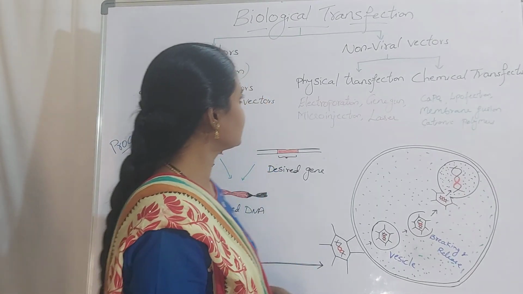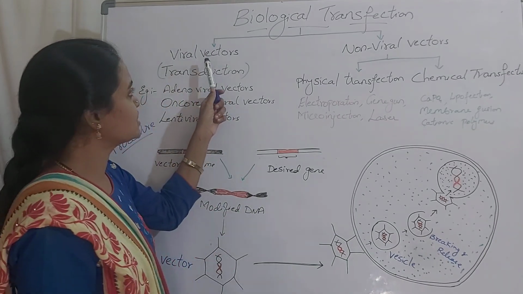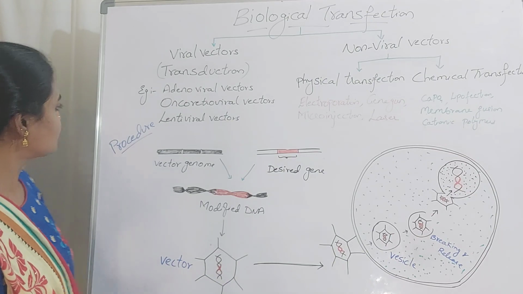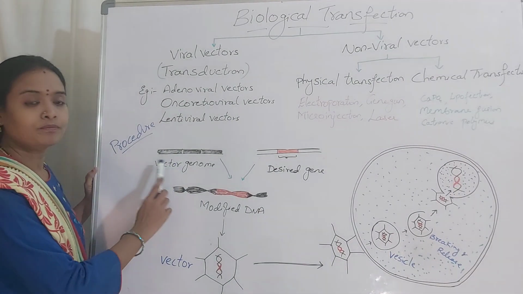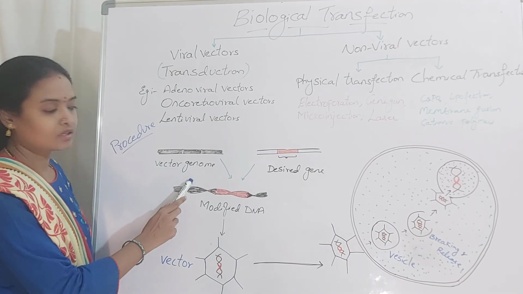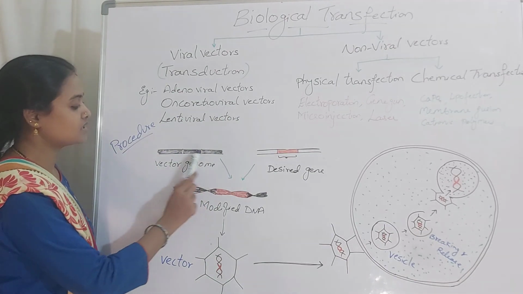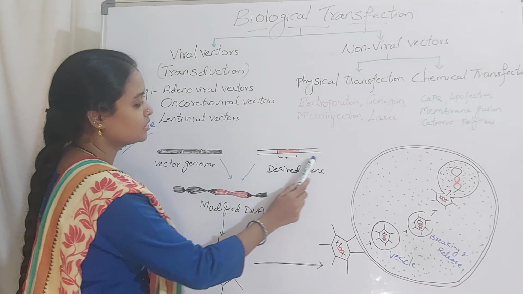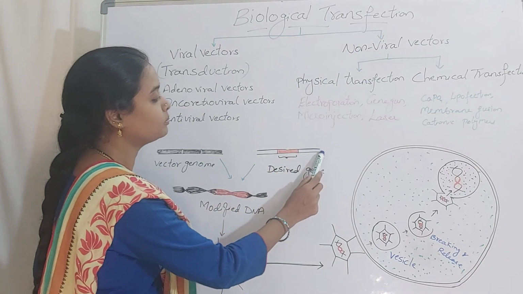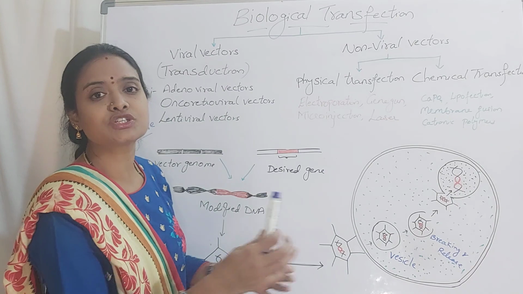Right? So let us see the biological means of transfection by means of viral vectors. Here you can see the procedure. First we are going to take the viral genome. Right? So this is the viral genome and here you have the desired gene of interest. This is the genome from the animal which you have selected.